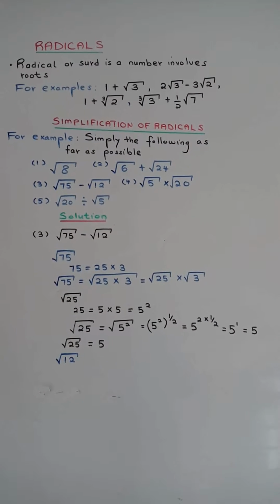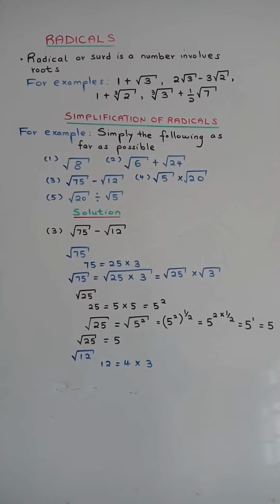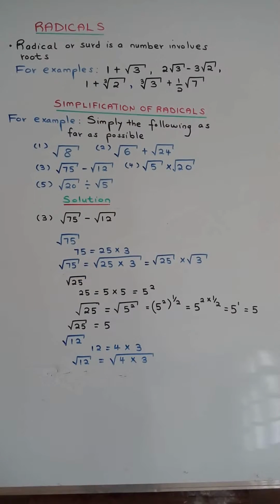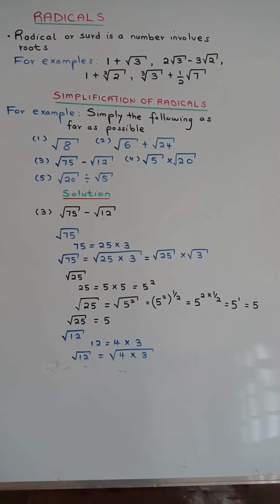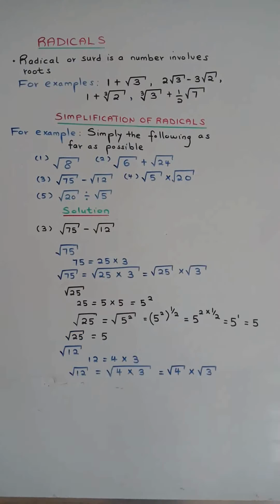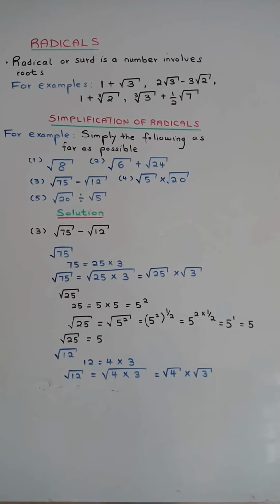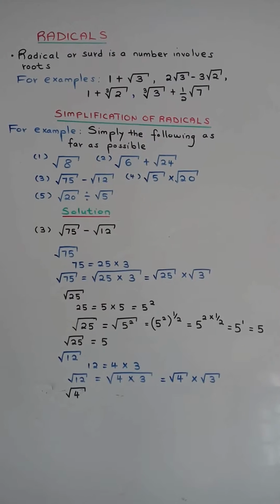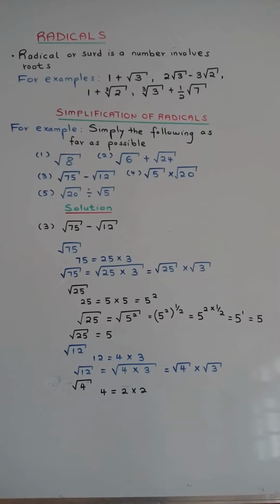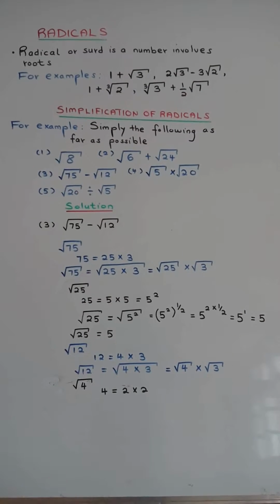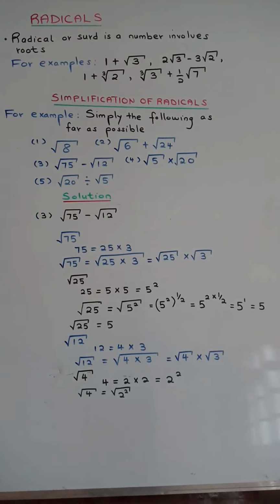Consider radical 12. 12 is equal to 4 times 3. So radical 12 is equal to radical 4 times 3, which is equal to radical 4 times radical 3. Consider radical 4. 4 is equal to 2 times 2, which is equal to 2 squared.